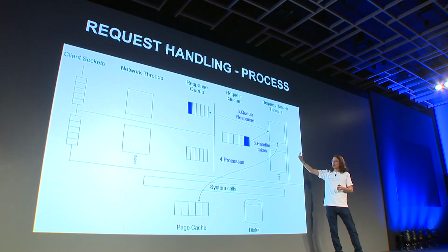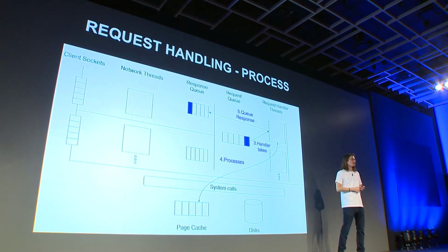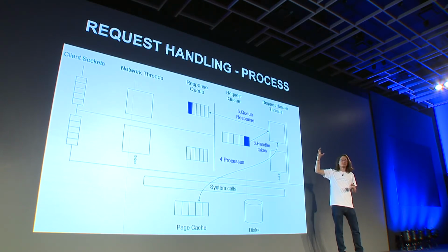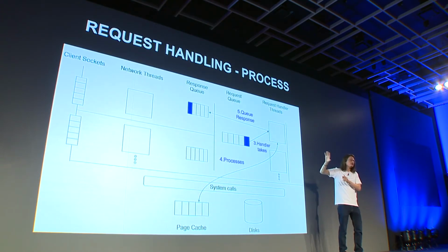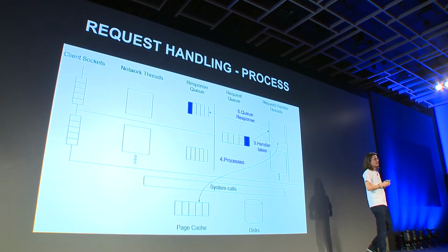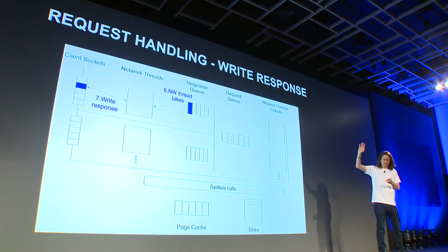One request handler thread takes out a request and processes it. Then there is I/O to the local disk and a response object is created. The response object is written to the response queue. This response queue is prepared for each network thread.